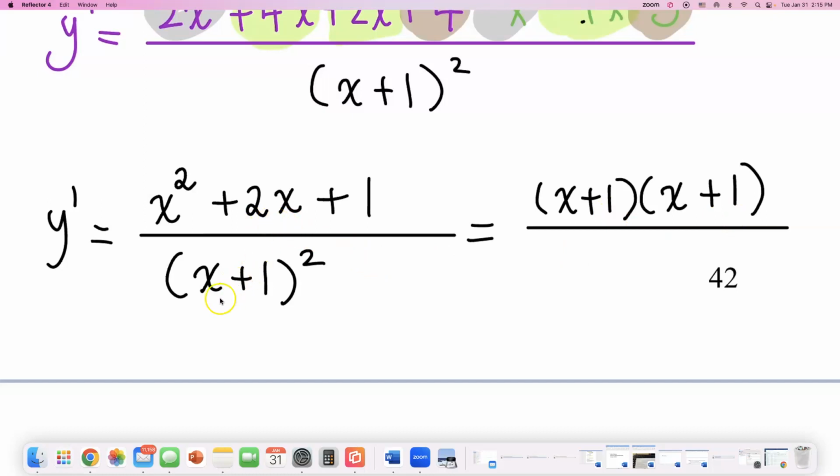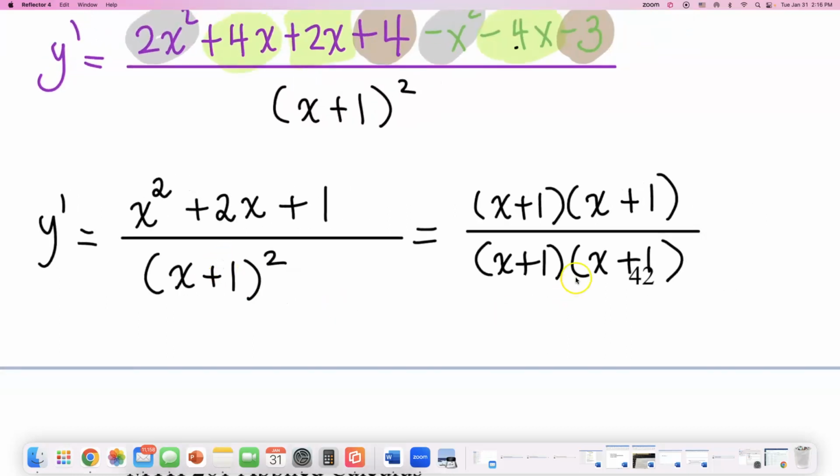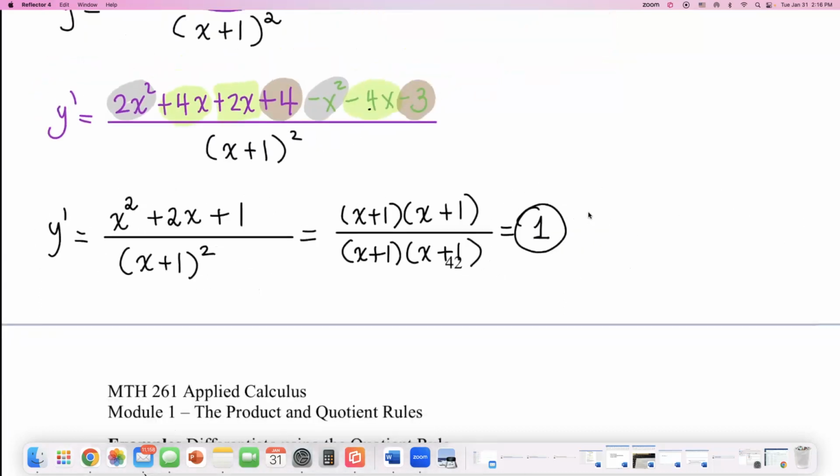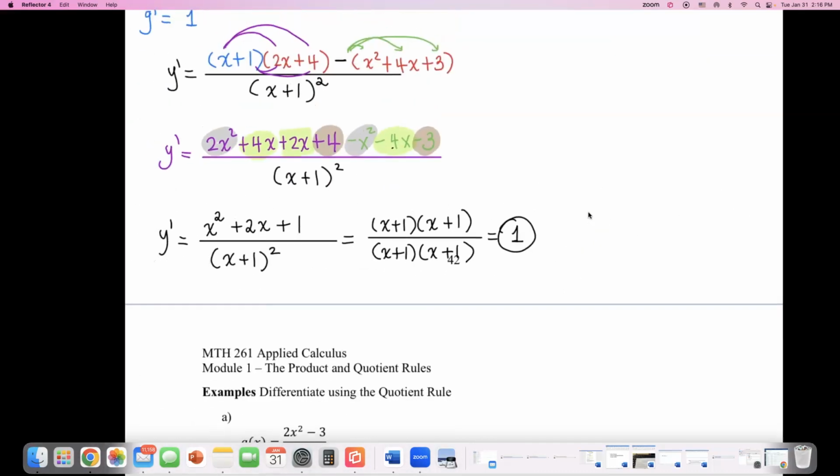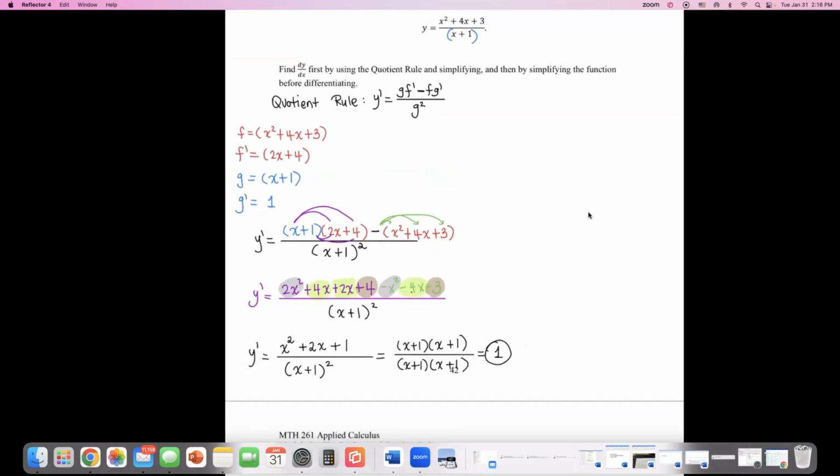And look at the denominator. The denominator is x plus 1 squared, which means x plus 1 times x plus 1, right? We're dividing something by itself. The bottom of the fraction and the top of the fraction are the same. So what's that equal to? 1. So the derivative is simply 1, okay? And we did this using the quotient rule.